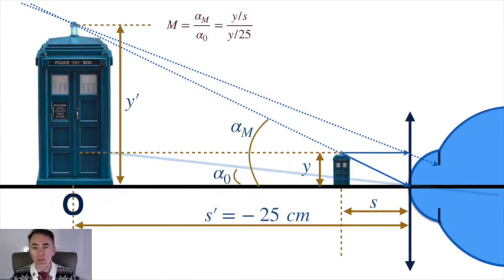After the scheme, this is h over s over h over 25, which is 25 over s.